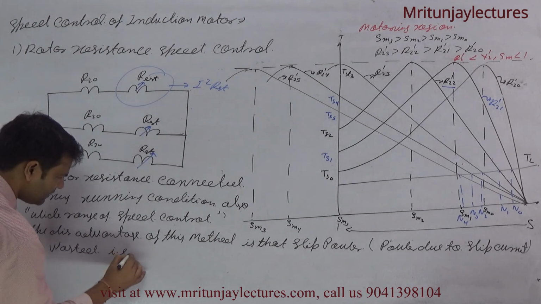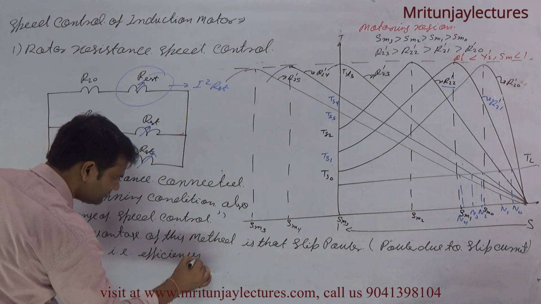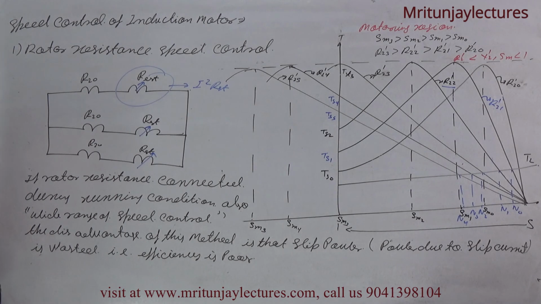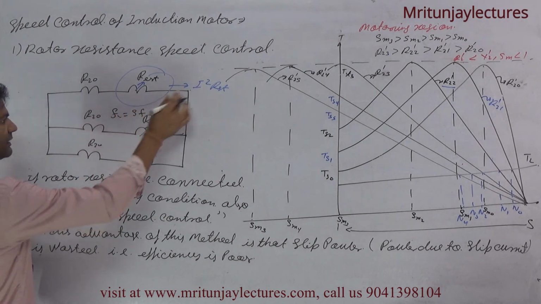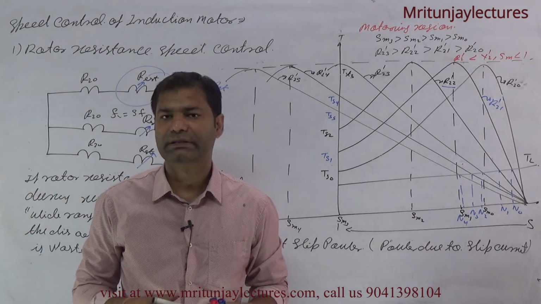That is, efficiency is poor. Okay, clear? Because of slip current, that's why it is called slip power. So the power corresponding to slip current is called slip power.